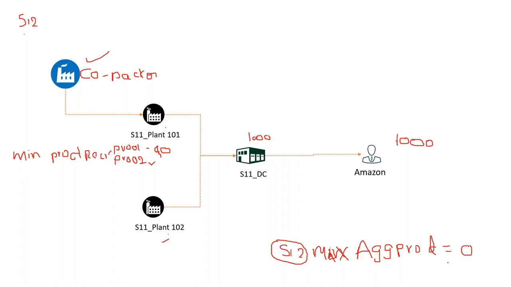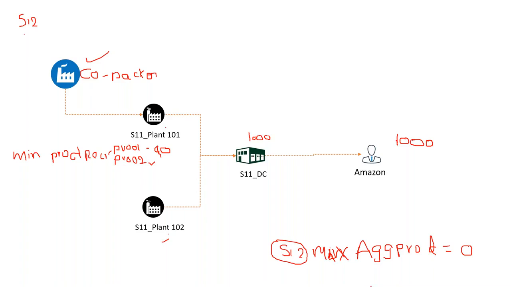You know what happens? You kept a condition at an aggregated level that this S12 production should be 0. Maximum is 0. That means in your entire supply chain network, the S12 product will not be produced by any location on any production version, be it co-packer, anyone. So the production becomes 0. That's the power of the aggregated key figures.